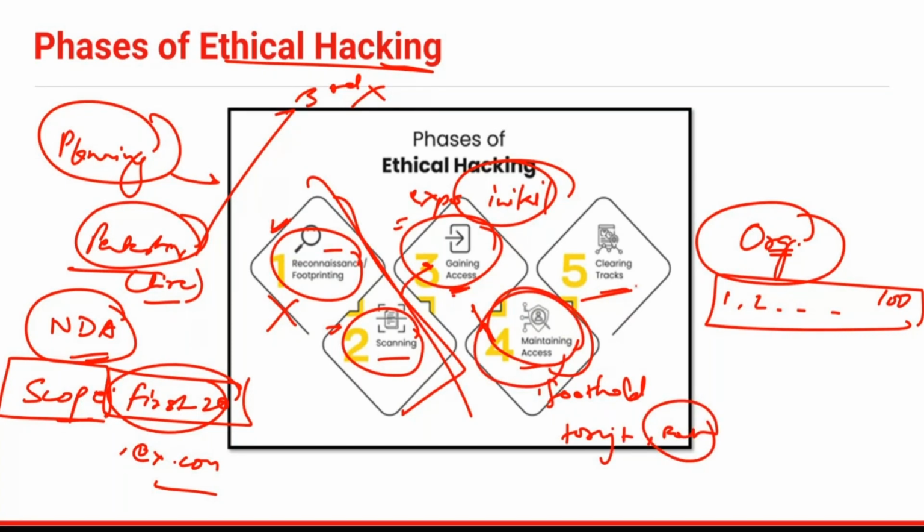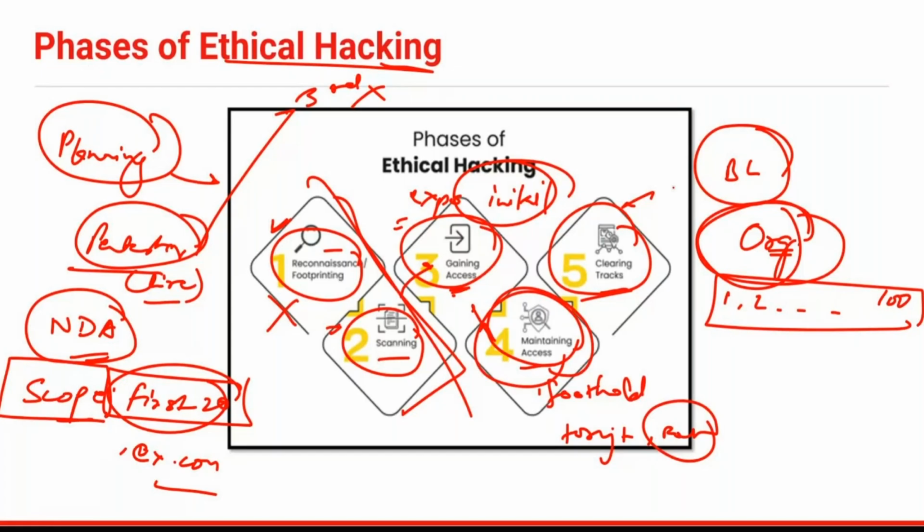And the last, the fifth phase, is clearing the tracks. Here the attacker will try to cover his tracks so that the organization might not be able to know that someone has attacked their systems. Or if it is red teaming, with a blue team engagement going on, the attacker can test the organization's defensive capabilities, whether the blue team is able to detect them or not.